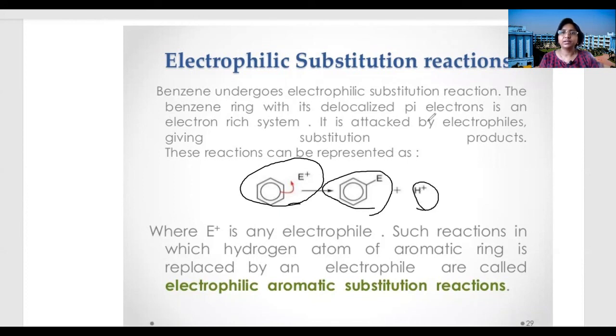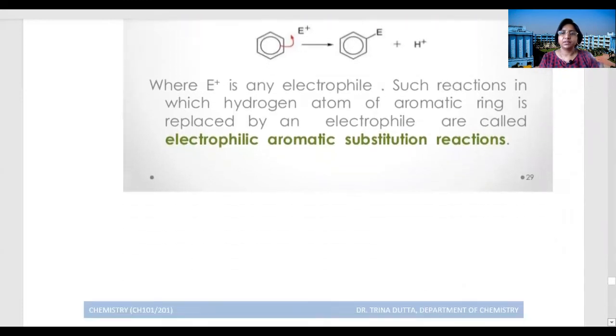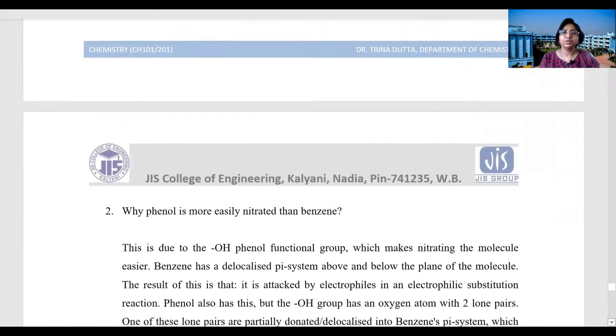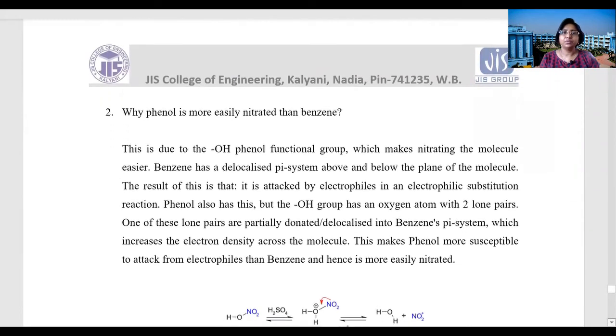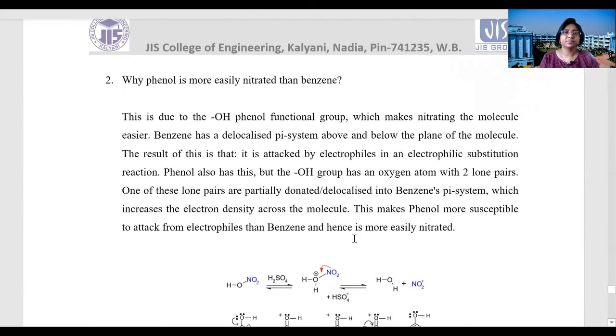Okay, you are very clear. So for all answers, try to give the mechanism and some examples. Then the examiner will be clear that you have the clear concept and will be happy to give the marks.